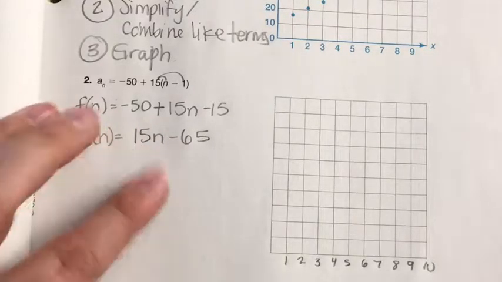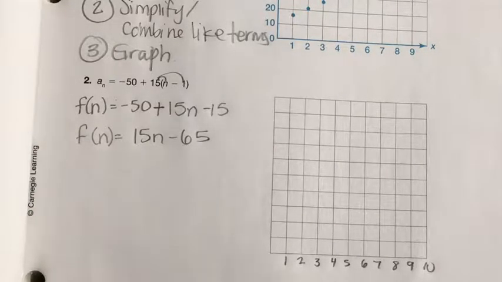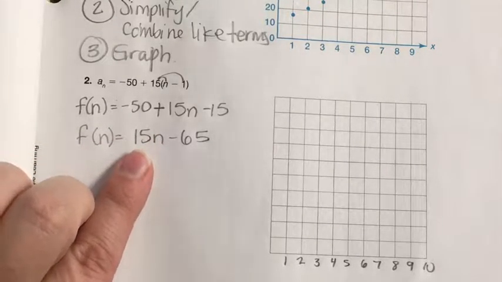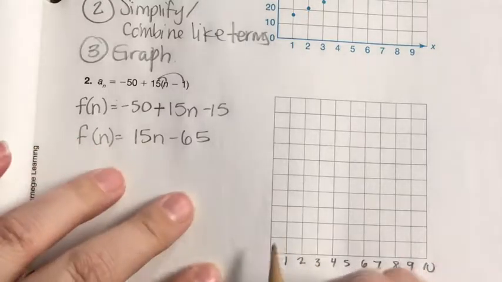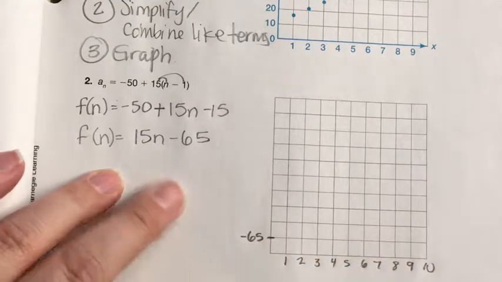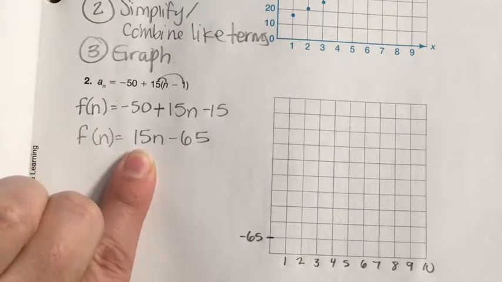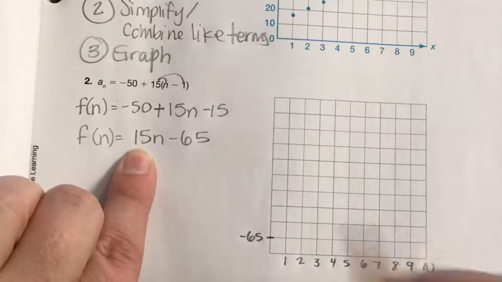And then, knowing what we know, where is this graph supposed to start? Negative 65. And then is it going to go up from there or down from there? Up. So if I make this bottom one negative 65, how much should we make each one go up by so it makes it really easy? 15. And how did you get 15? Because they go up by 15.